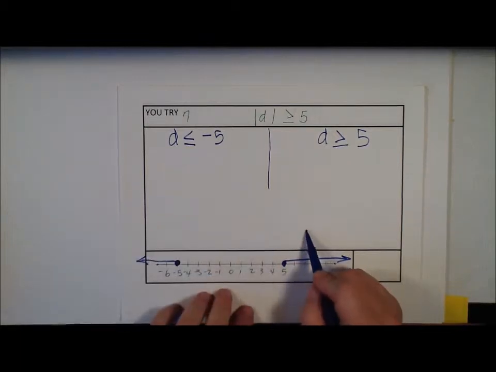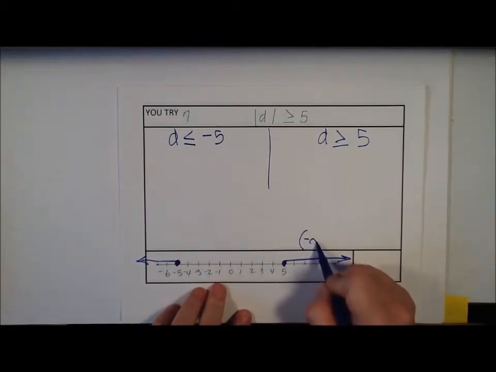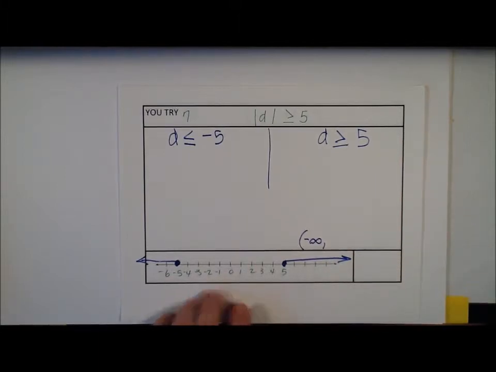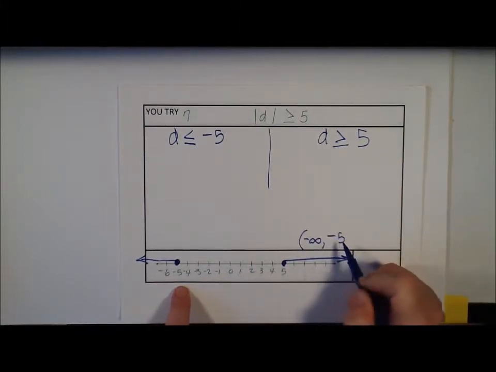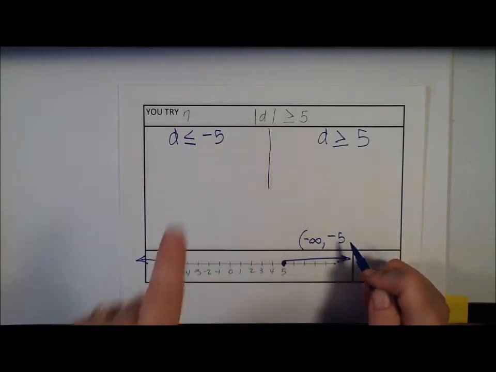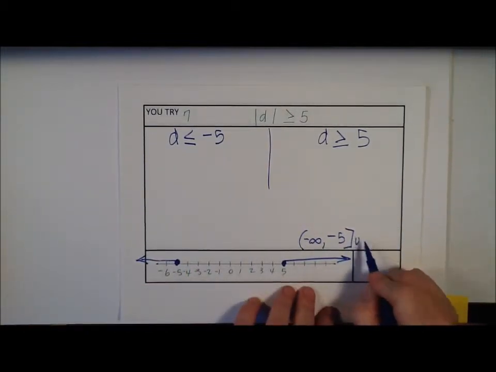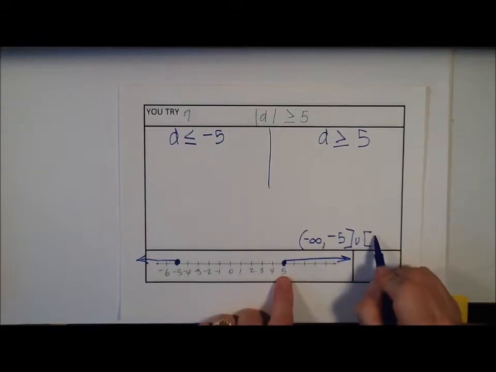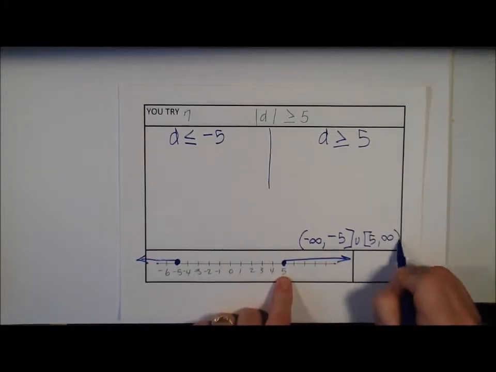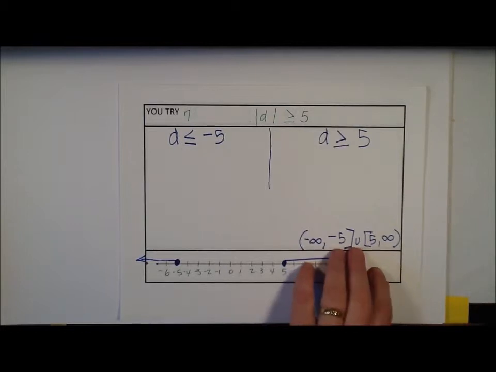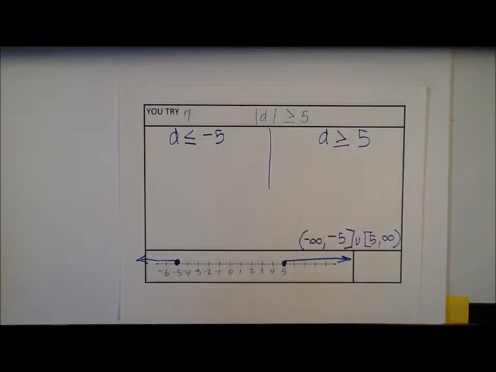It's always a parenthesis around infinity, because we never know where that quite is, comma, negative 5. And because it's equal to, it includes 5, so it's a hard bracket. And then it's a union, and it's a hard bracket, 5, comma, infinity. So that's what it looks like in interval notation. Again, if you need to pause this to catch up, go for it.